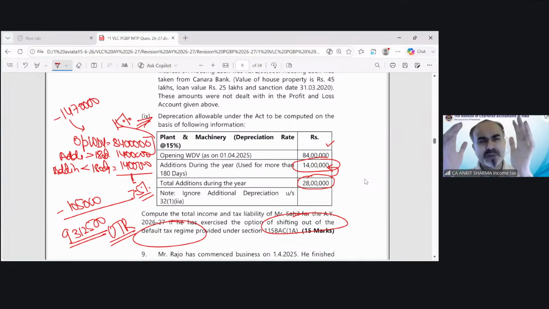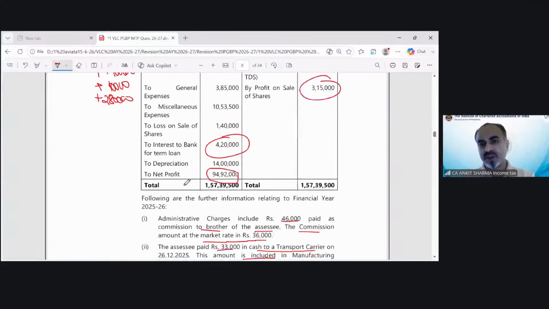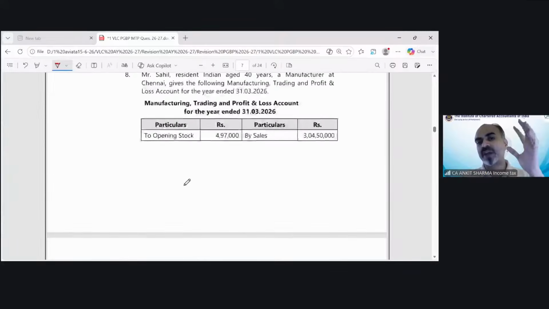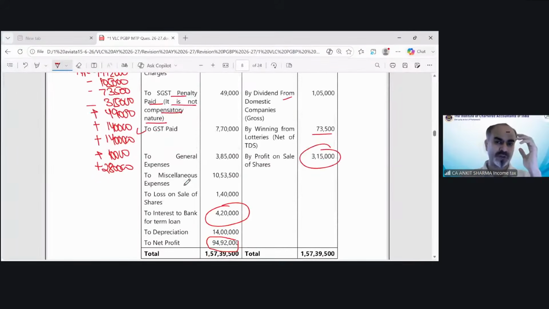Look, we are solving the type of questions which has been asked in the examination. And do you realize, students, that nothing is difficult in the PGBP head? These are huge questions, not simple questions we are solving. The kind of compulsory questions that are going to be asked in the examination, it always happens that the majority part belongs to PGBP provisions.